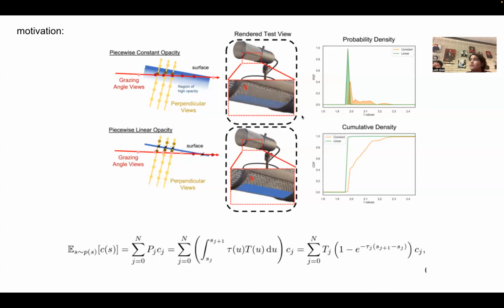Where the surface is very thin and it's hard to model with the piecewise constant assumption, this model really shines. Here you can see the probability density of the surface, and then the transmittance, which is the CDF of that. For the linear one, it's a much sharper transition between non-surface and surface than the constant one, which gives you this blurry effect of softly transitioning to a solid space.